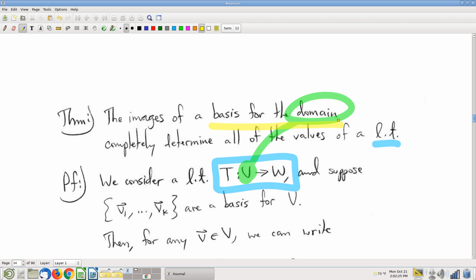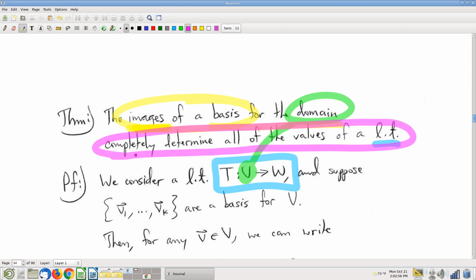And suppose you know the images of those basis vectors. Now, images, let me just remind you, an image says what comes out of the function. So, in other words, looking at a handful of vectors in this domain, if I know what T does to a handful of vectors in that domain, that's the premise of this theorem, then the result is that completely determines all the values of the linear transformation.